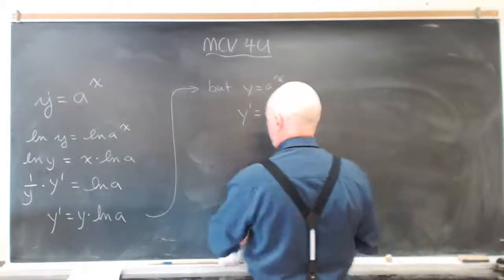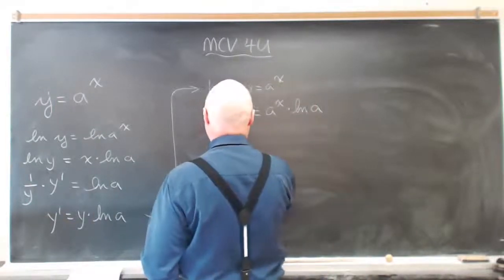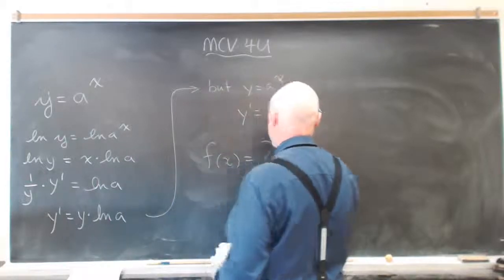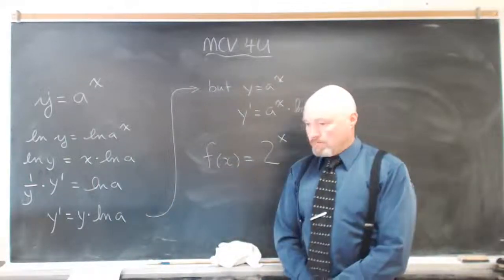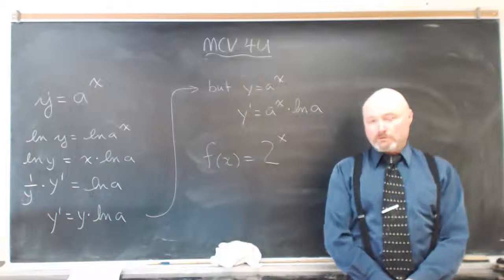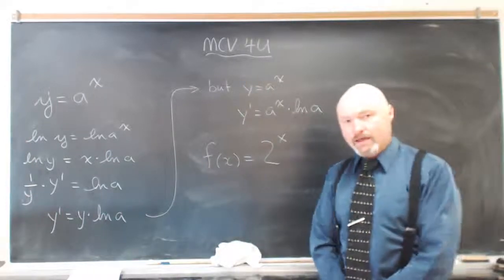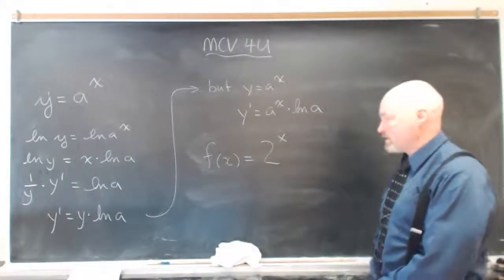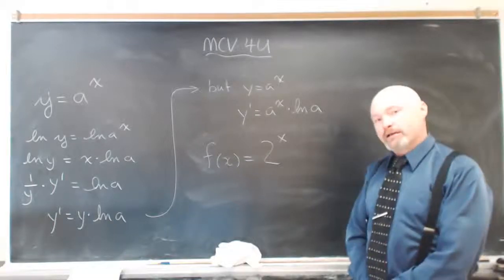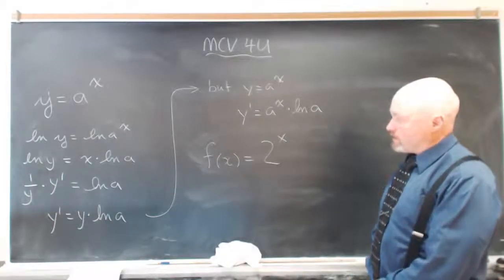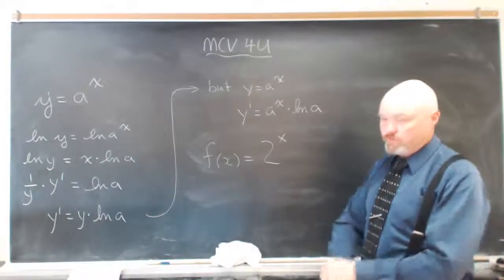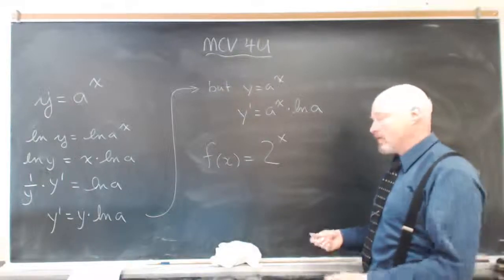So let's do f of x equal to 2 to the exponent x. So this is an example of something with a doubling time. We actually have 4 pans of brownies in the staff room right now, and we've been taking a picture of those pans of brownies every hour.